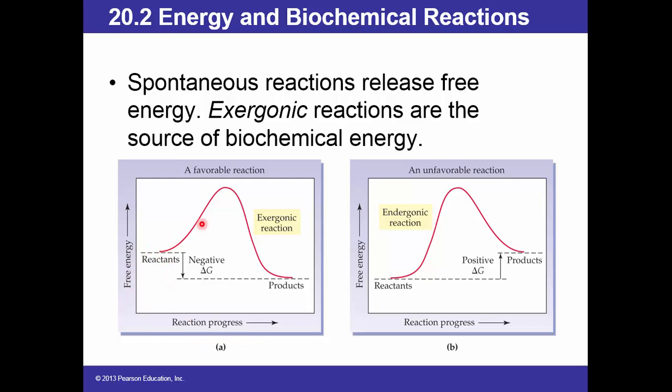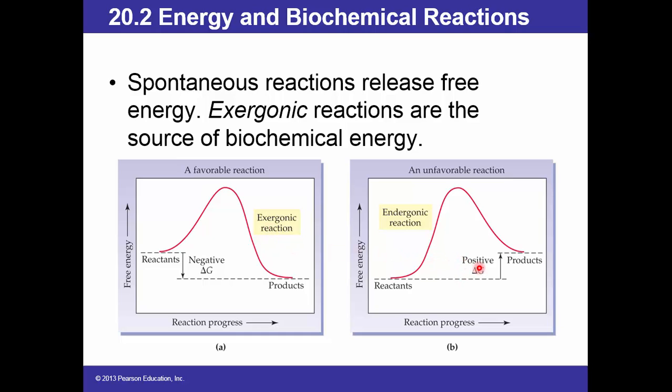This is an example of an exergonic reaction. This is a favorable reaction where delta G, equal to G of products minus G of reactants, is negative. So the sign of delta G is indicative of an exergonic reaction.